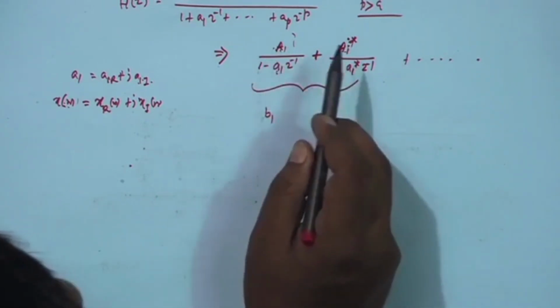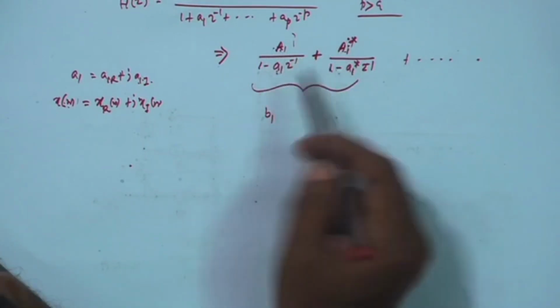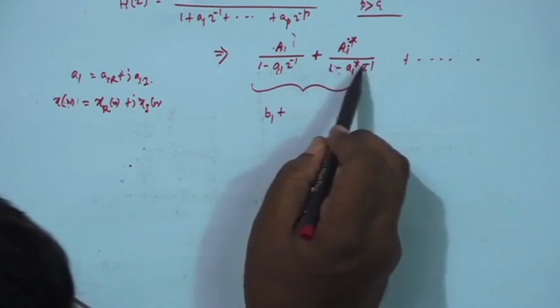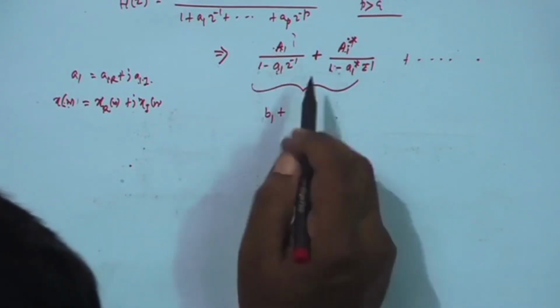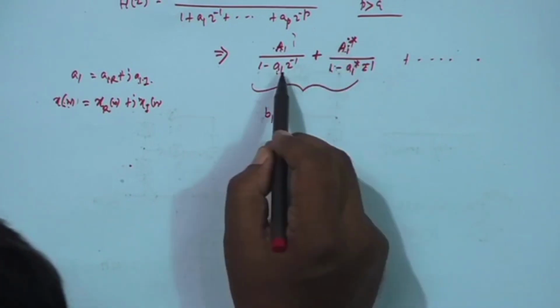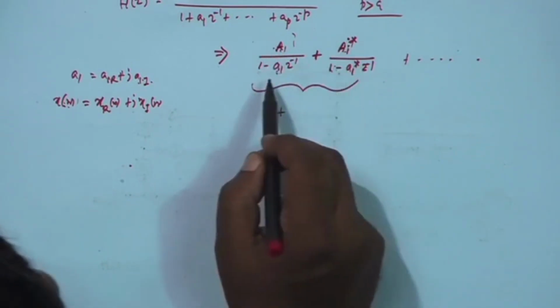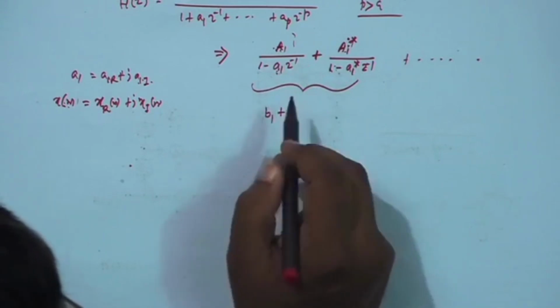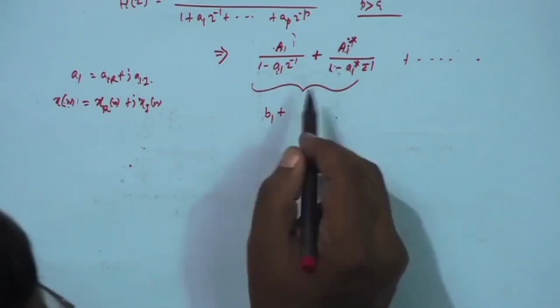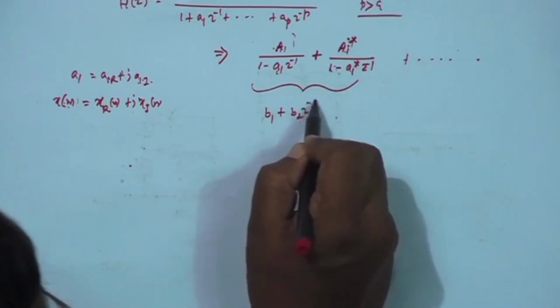A complex number and its conjugate, if you add, you get a real number. And then minus Z inverse, if you take common, as I told a while ago, capital A1 into small a1 star plus capital A1 star into small a1, those two quantities are conjugate of each other. If you add them, you get a real. So, maybe B2, I am absorbing the minus sign into the coefficient of Z inverse.